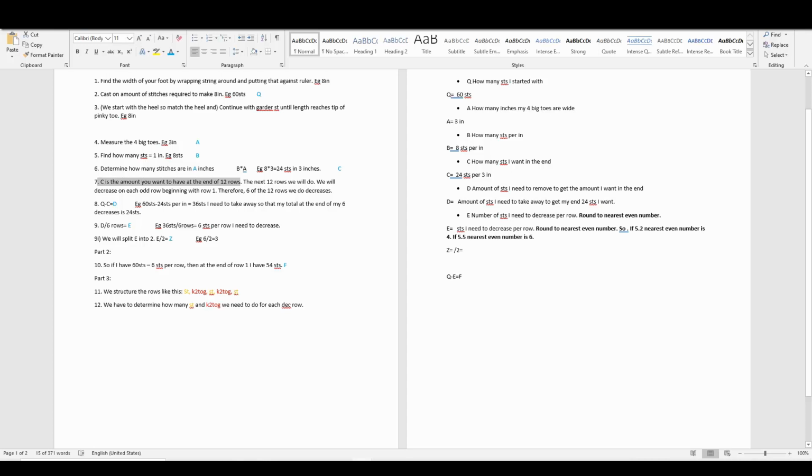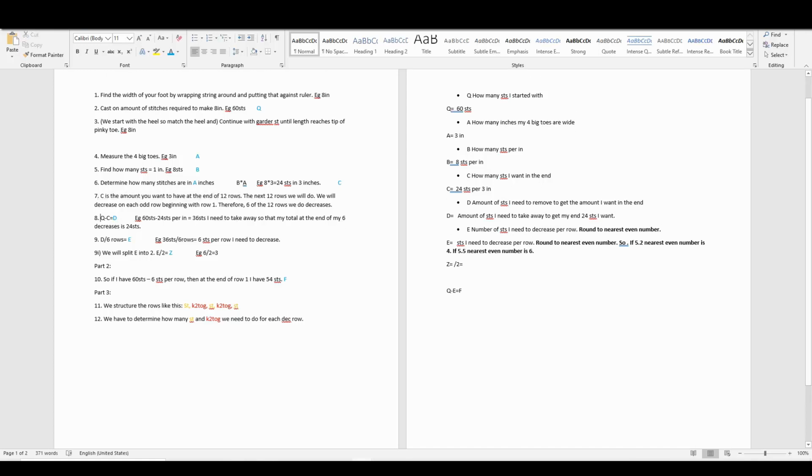So the next variable, variable D. Variable D is, if I have 24 stitches at the end, the total that I want at the end of my 12 rows, how much do I need to remove from the current stitches that I have to get the 24 number?